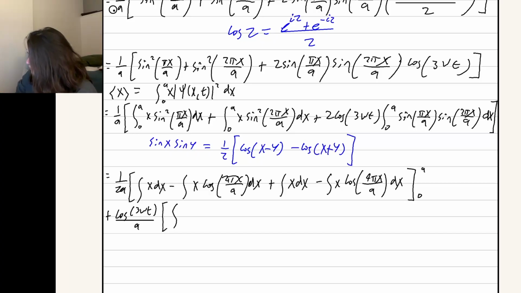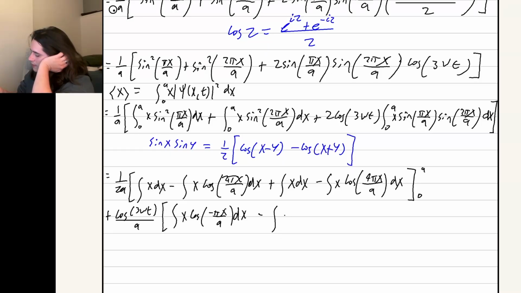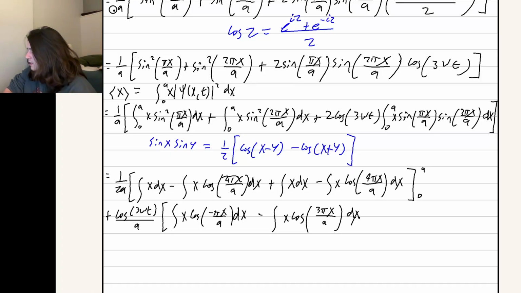We got the integral of x, and then pi minus 2 pi is minus pi, so it's x cosine of minus pi x over a dx, minus, we got x cosine, and then pi minus 3 pi is minus 2 pi, so 3 pi x over a dx. Okay, and that's all from 0 to a.